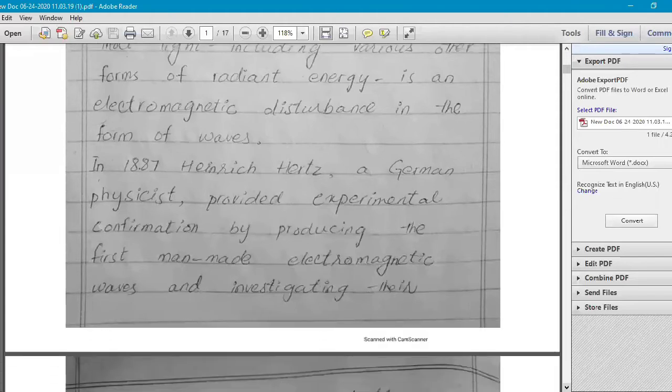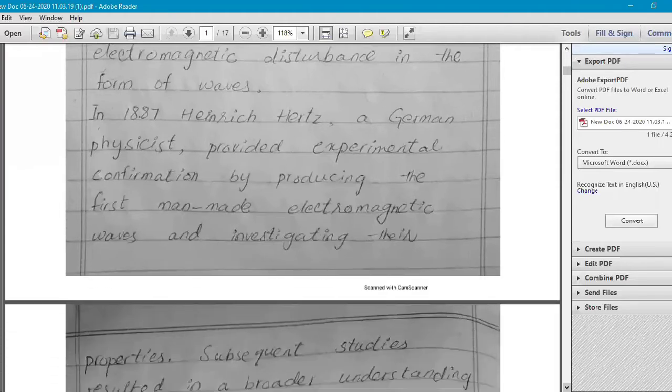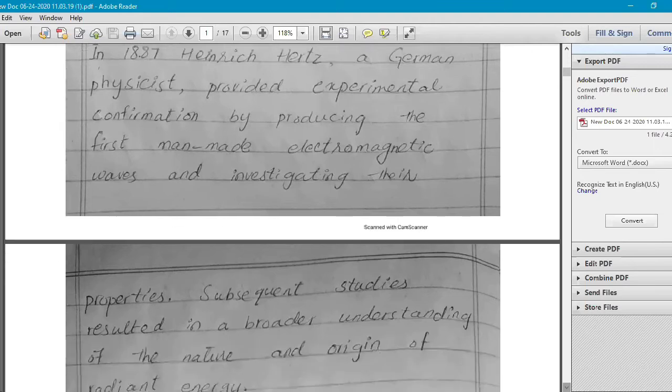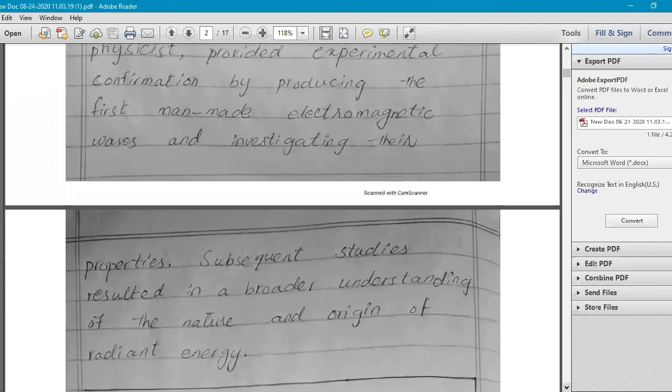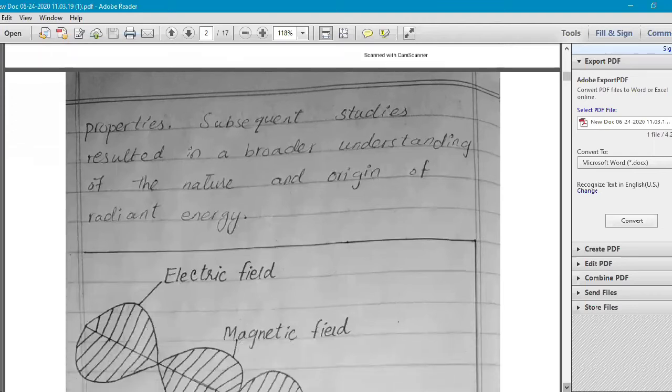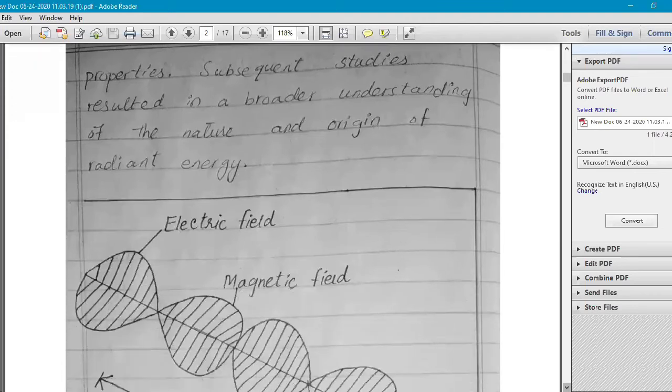In 1887, Heinrich Hertz, a German physicist, provided experimental confirmation by producing the first man-made electromagnetic waves and investigating their properties. Subsequent studies resulted in a broader understanding of the nature and origin of radiant energy.